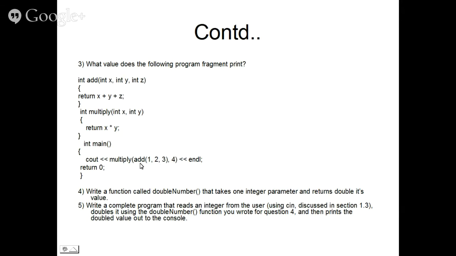Add is called with 1, 2, 3 as parameters and returns these three added together, which is 6. Then multiply is called with 6 comma 4, and multiply returns x into y, that is 24. The question is, what value does the following program print? It prints 24.